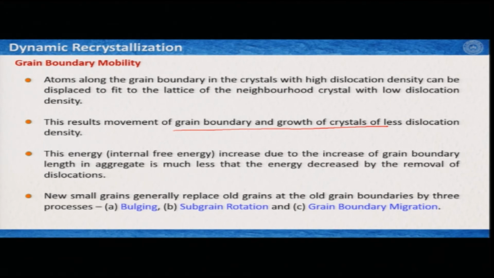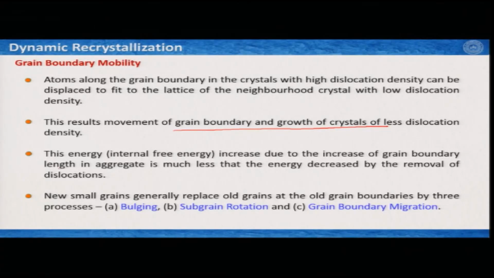So, you can ask the question, am I reducing the energy or am I increasing the energy? But the point is that yes, it does increase, but this is much less than the energy decreased by the removal of the dislocations. So, essentially you bring your energy to a lower level.